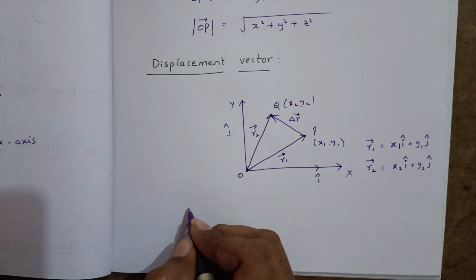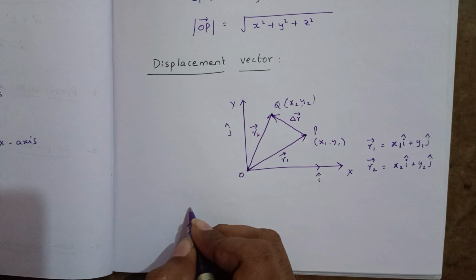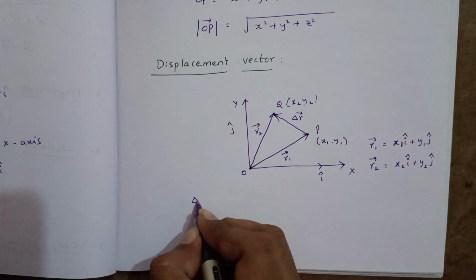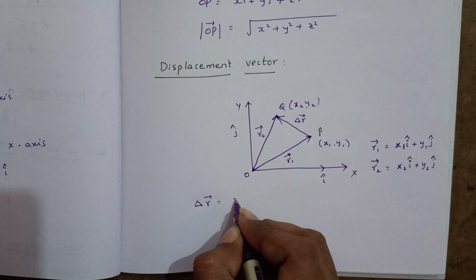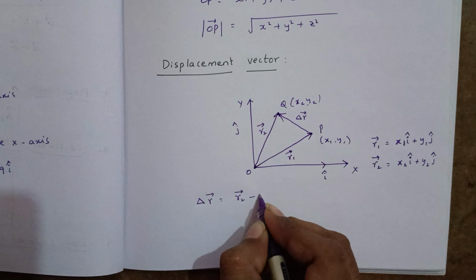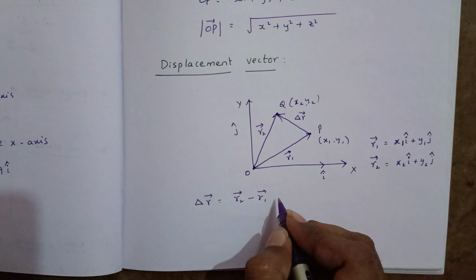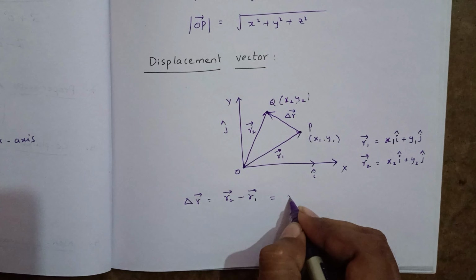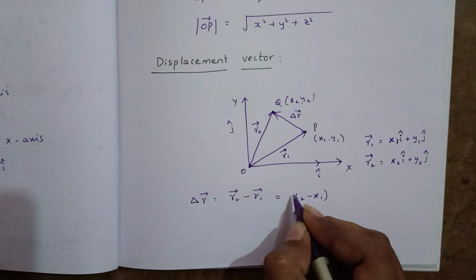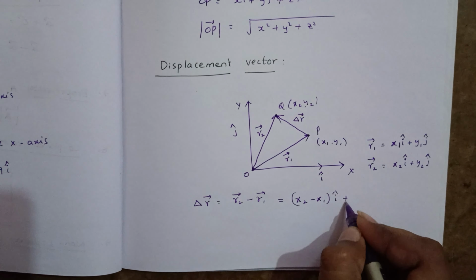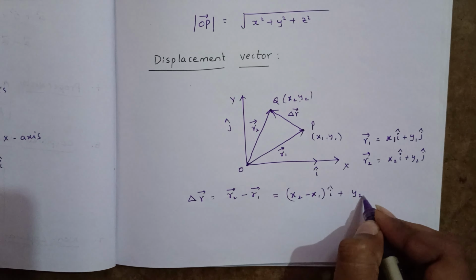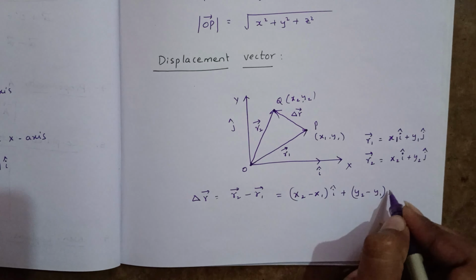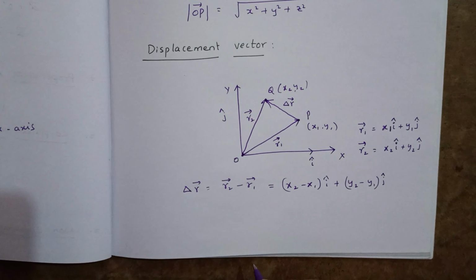So we can write delta r bar equals r2 vector minus r1 vector, which equals x2 minus x1 into i cap plus y2 minus y1 into j cap. This is the displacement vector.